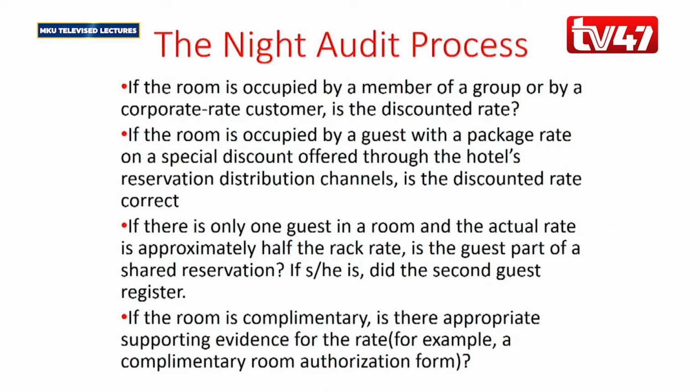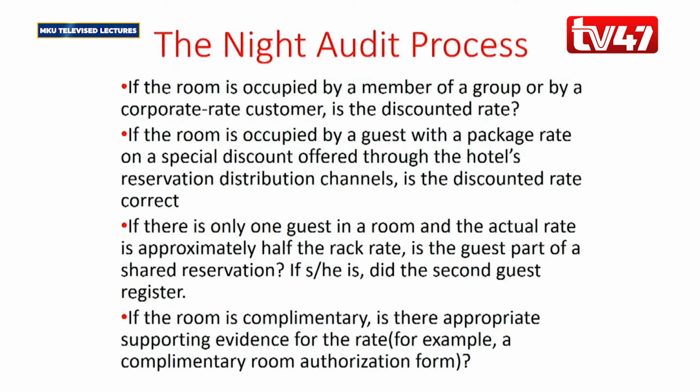Thirdly, if there is only one guest in a room, and the actual rate is about 50% of the rack rate, then the implication might be that that guest is part of a shared reservation. And so what the night auditor will be checking is whether the second guest actually registered. And the other possibility is if the room is complementary.